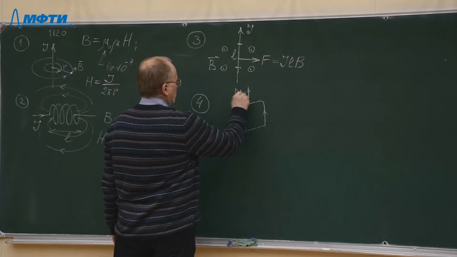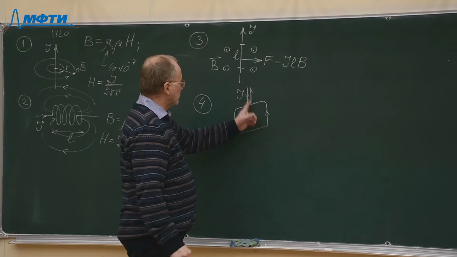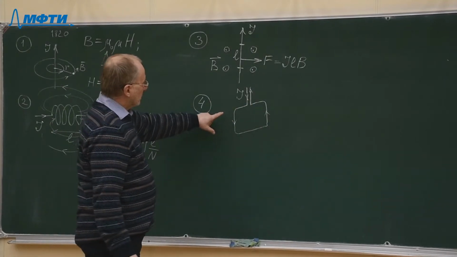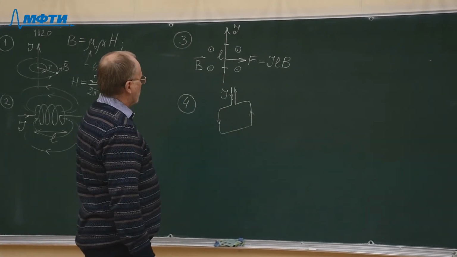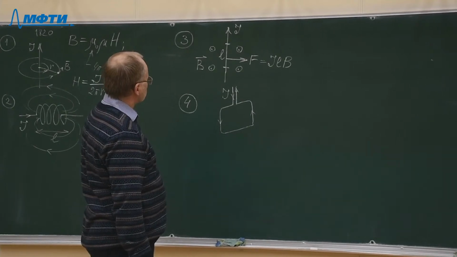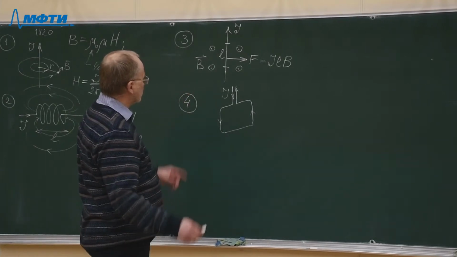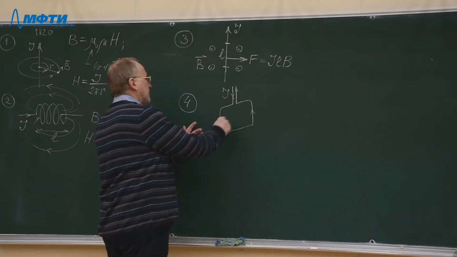If we have such a current loop, that is a wire bent in such a way, and suppose we have a magnetic field here, and this time let the magnetic field be directed towards the blackboard.